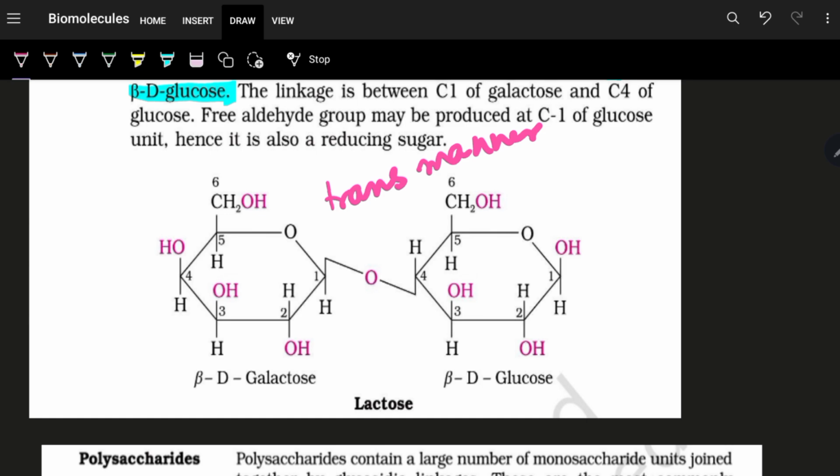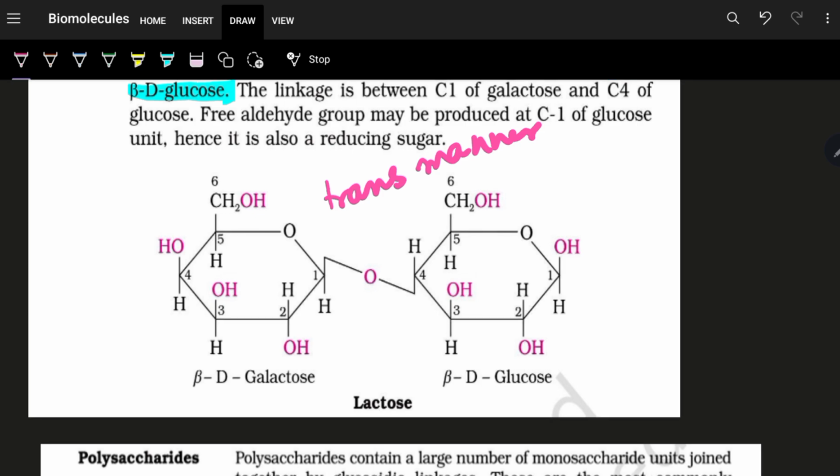beta-D-galactose, what do we see? That the OH, okay, over here it is a beta, so OH over here was above the plane. And when you see the structure of beta-D-galactose and beta-D-glucose, please compare all the positions, be it C1, C2, C3, and note that at C4, what is happening?